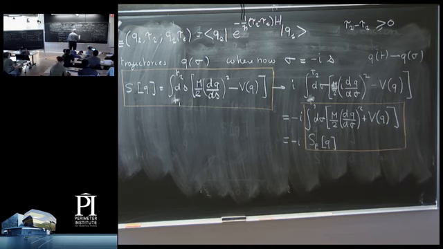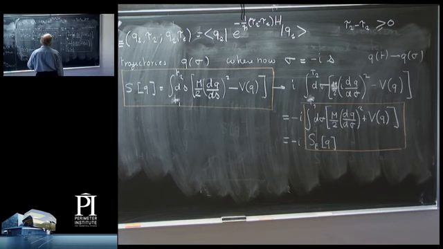And then I have an exponential of minus, because here I had an I over h bar. Here I have a minus I over h bar. Sigma is plus.